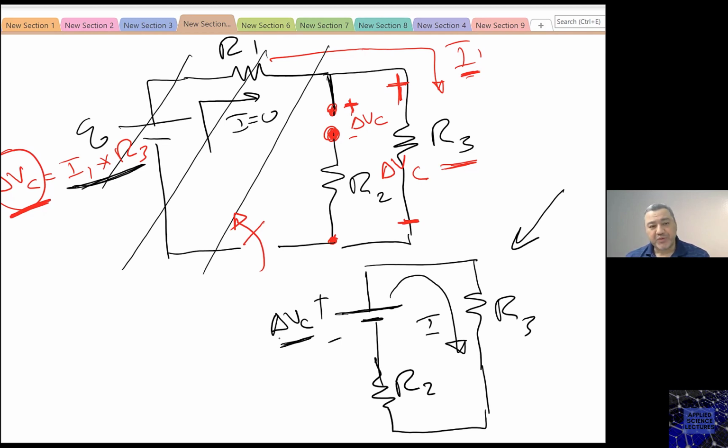Now, what's going to happen when the switch stays open for a long time? The capacitor will discharge all the charges in it, and it will reach zero charge. And then you can say that it became an open circuit because there will be no current flowing into the circuit anymore. Then you can replace this capacitor with an open circuit, and after a long time, my circuit is going to look like this.